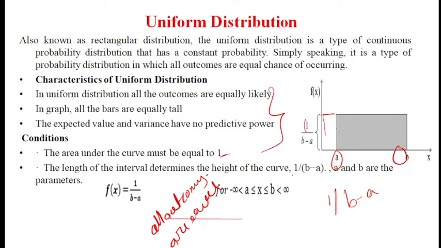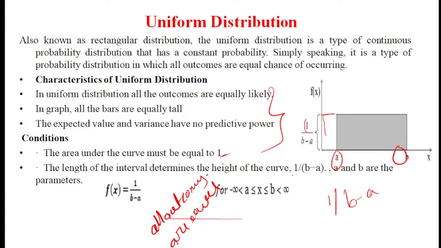For this uniform distribution we can take an interesting example. If you randomly approach a person and try to guess his or her birthday, the probability of the birthday falling exactly on the date you have guessed follows a uniform distribution. This is because every day of the year is equally likely to be his or her birthday.